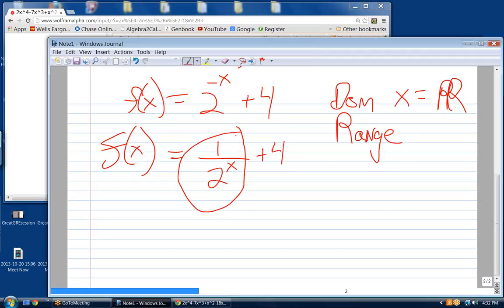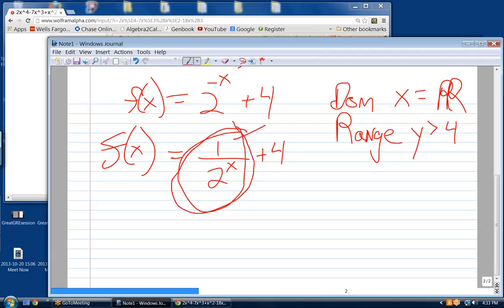Now, I previously said this thing can never be 0 either, but as x goes to infinity, this thing approaches 0, which means f of x approaches 4. So the lowest value in the range is going to be 4. Y has to be greater than 4. And it has to always be greater because this is always going to be some positive number.